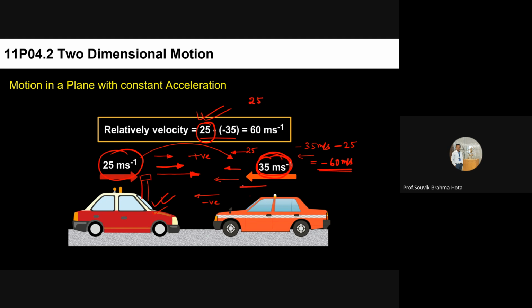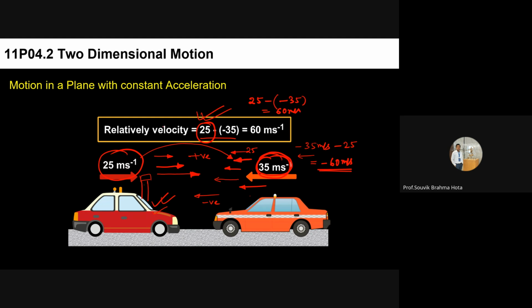Now this is approaching towards it, and relative means relative to one with another, so you take the relative velocity with a minus. Minus 35, because it is towards the left side, and a vector towards the left is minus 35. So it becomes 25 plus 35, that is 60 meter per second. I think that is a little more convenient way to think of relative velocity.